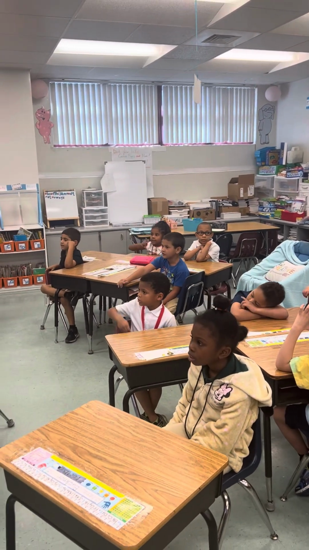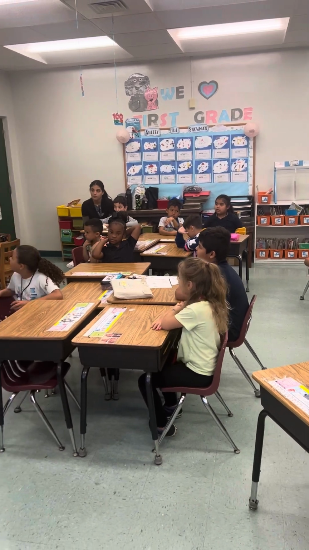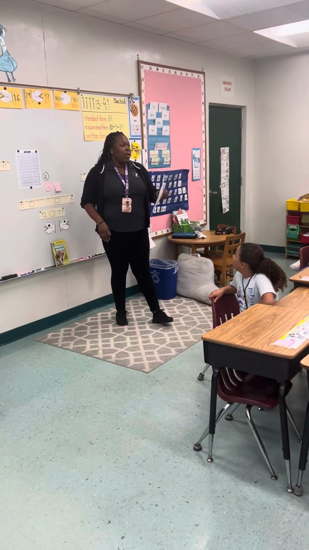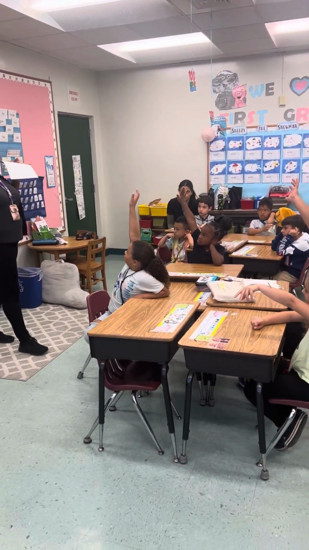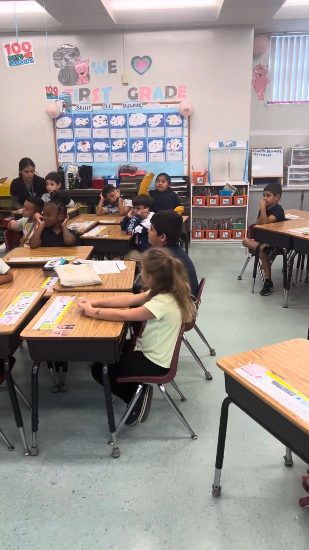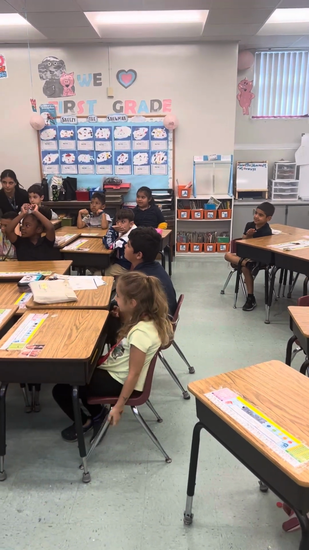Ones move side to side. Good job. Now, can you tell me, how do we move on the 100s chart when we add 10 more or 10 less? Dario, how do we move? Up and down. Tens move up and down.